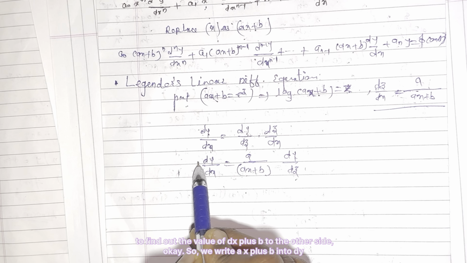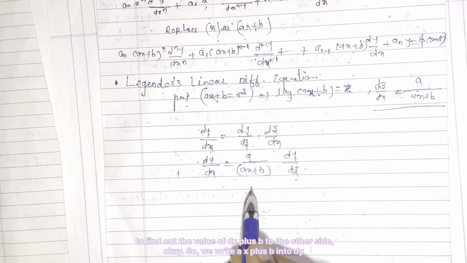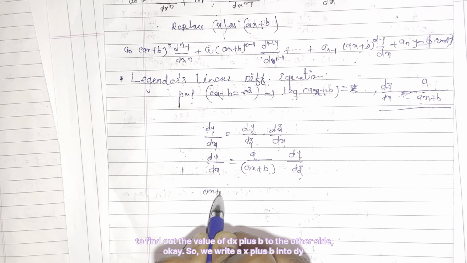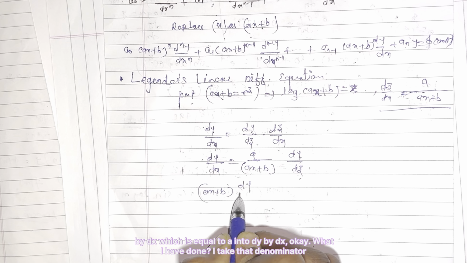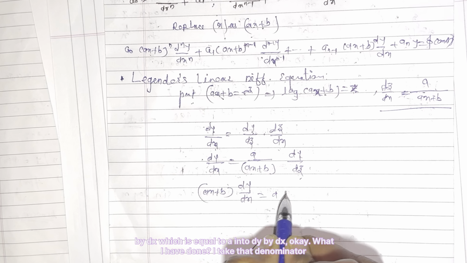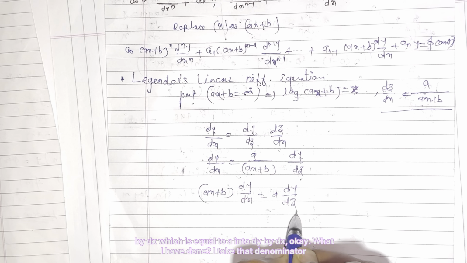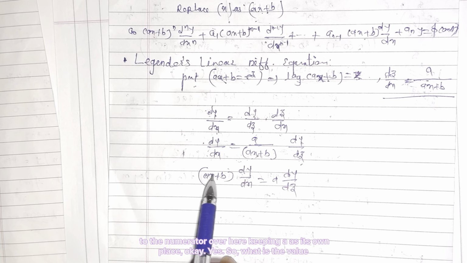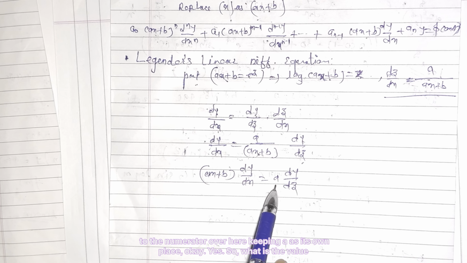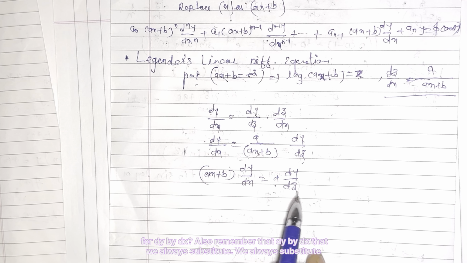Take ax plus b to the other side. So we write ax plus b into dy by dx, which is equal to a into dy by dz. What I have done is taken the denominator to the numerator, keeping a in its own place. So what is the value for dy by dz?